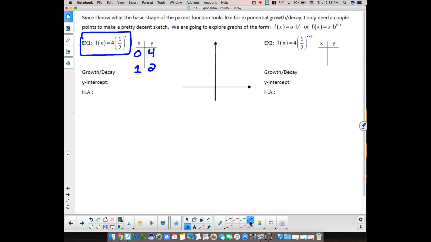So, rough sketch, 1, 2, 3, 4. Agree? Growth or decay? The decay. My y-intercept, 0, 4. My horizontal asymptote, y equals 0.